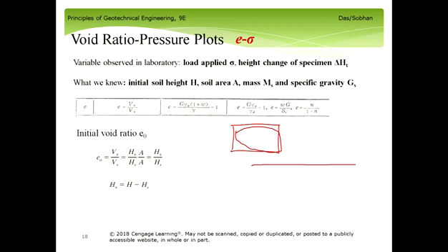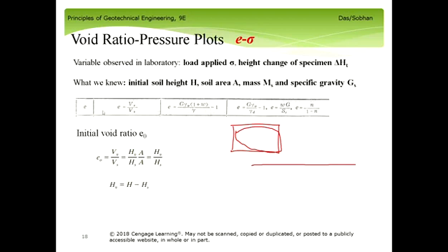But without the constraint of the stainless steel ring, in three dimensions, the area changes, and the change of the volume of the soil is actually the settlement. So it is much more complex than one-dimensional. The void ratio pressure plot is much easier in one-dimensional compression.